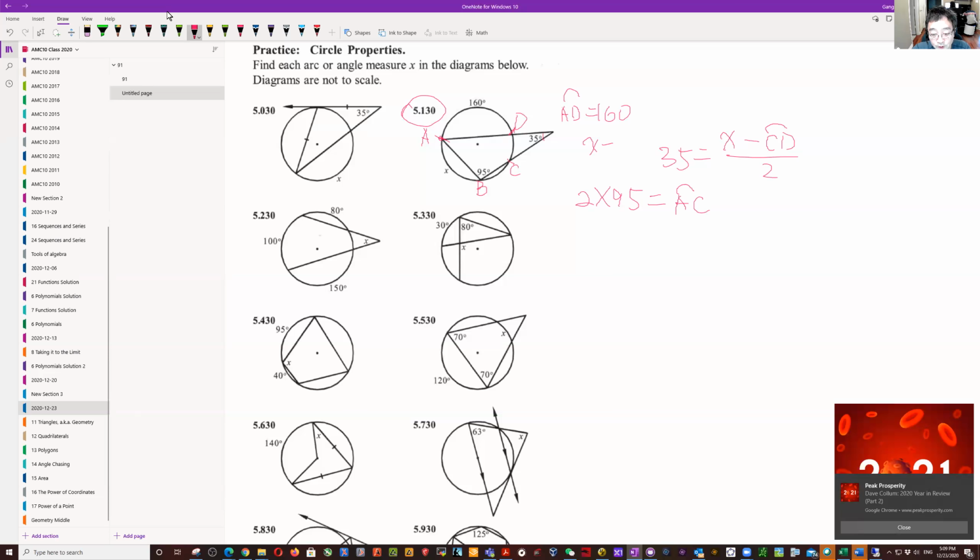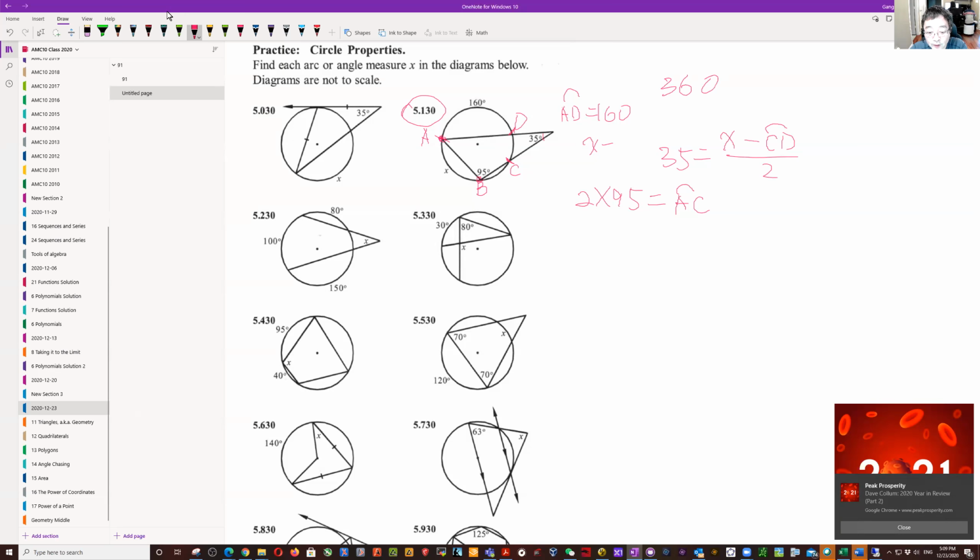AC from here is the angle, and then X. It's trying to ask what AB is. All those angles will add up to 360.